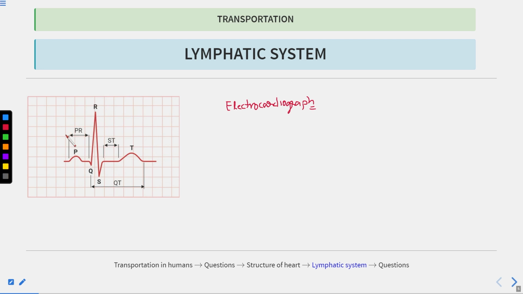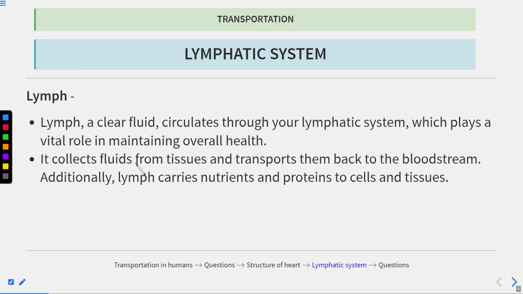Here you can see these peaks are very important: P, Q, R, and S. If there is a deviation in this pattern, then you can say the person has an abnormal heartbeat, or an abnormal electrocardiogram. All right, this is clear. Now this was the end of the electrocardiogram.